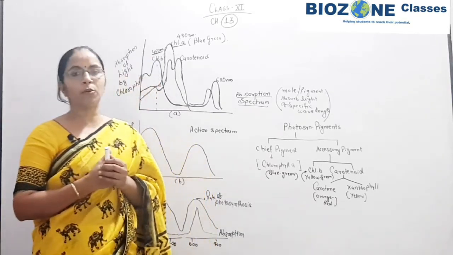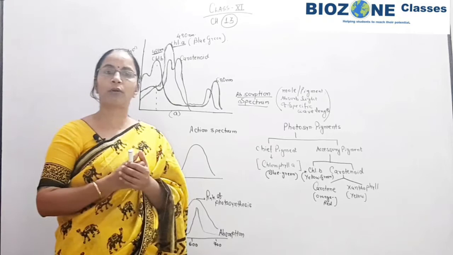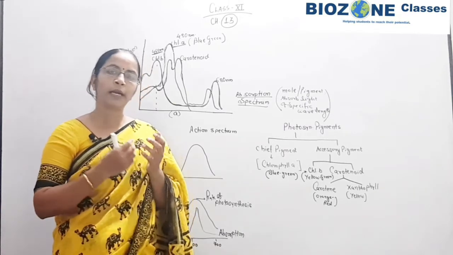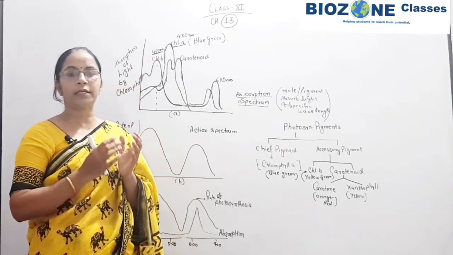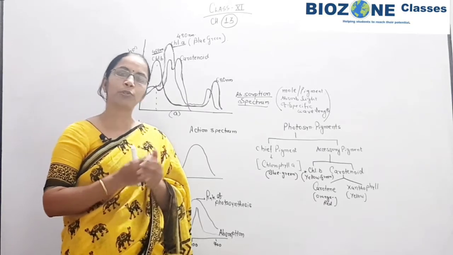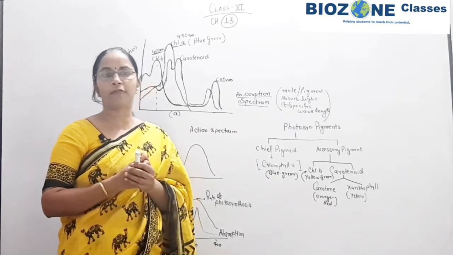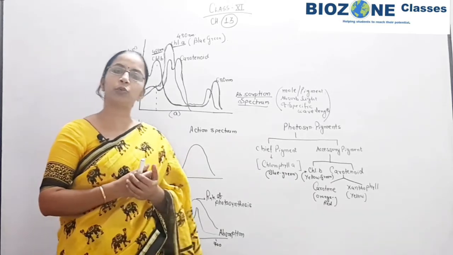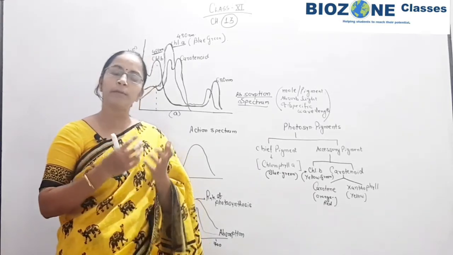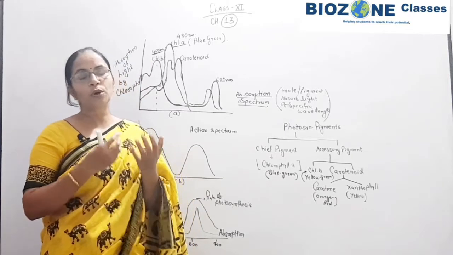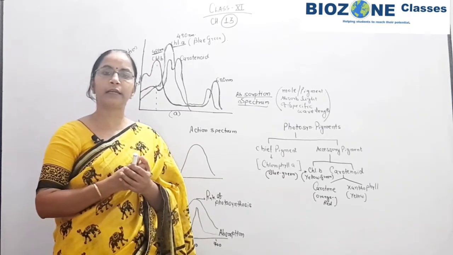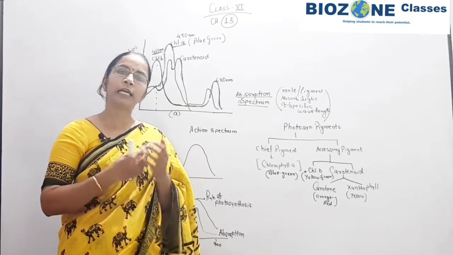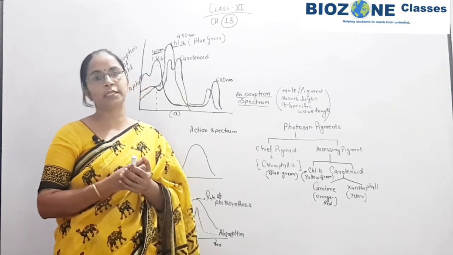In that Wilmot's bubbler we simply count the oxygen bubbles in a fixed time interval, suppose you fix your experiment time at 2 to 5 minutes. So in 2 to 5 minutes you find out the number of bubbles. Suppose more bubbles are released under the experimental condition, that means the rate of photosynthesis is maximum.